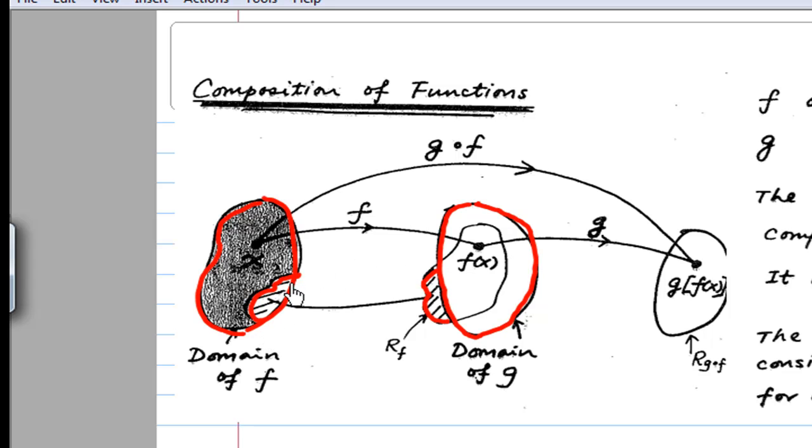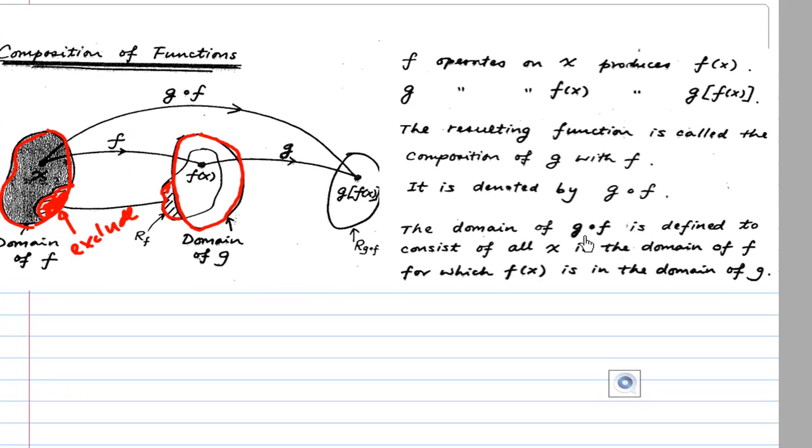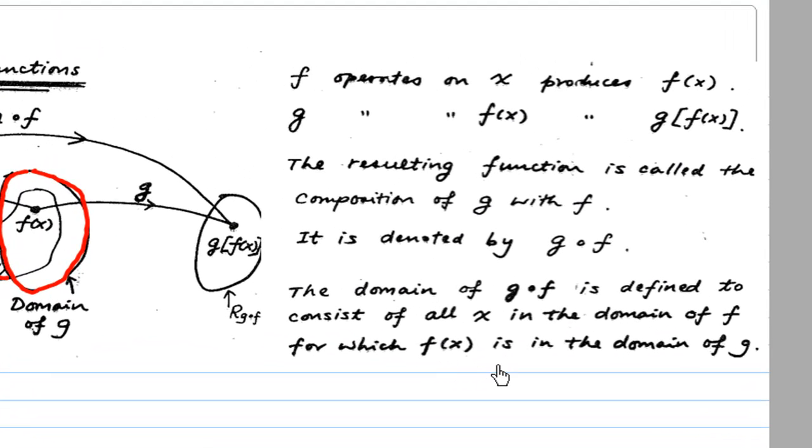After you exclude this part, it is safe that all the images lie inside the domain of g, then you can apply g. That is why the domain of g composed with f is defined to consist of all x in the domain of f for which f of x is in the domain of g.